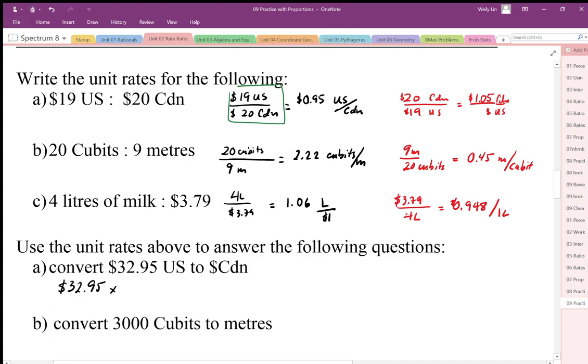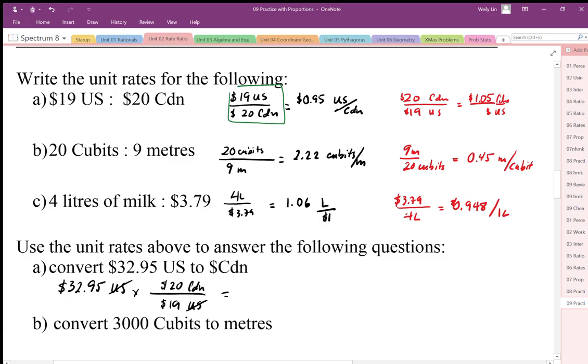And all I have to worry about is making sure that my units cancel out. So I have dollars US times, well, I need dollars US in the denominator to cancel out. So $19 US, $20 Canadian. Okay, the US dollars cancel out, and I end up with Canadian dollars as my units.